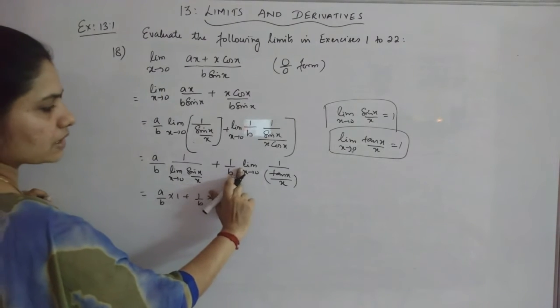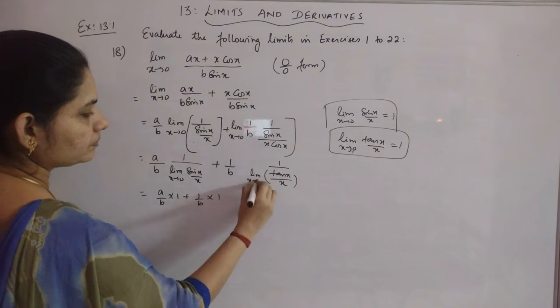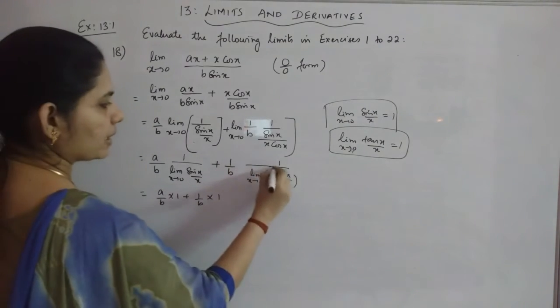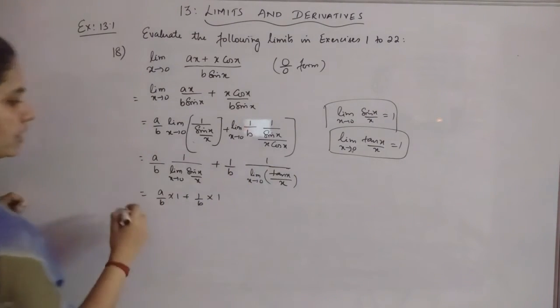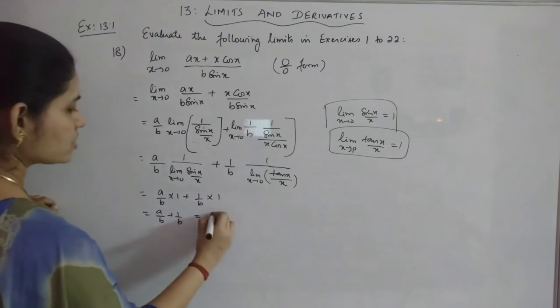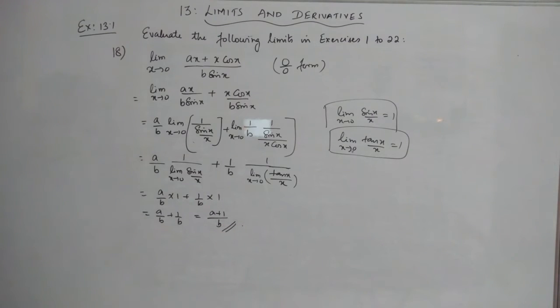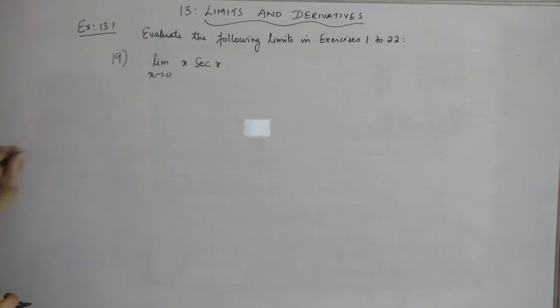This limit can be given in the denominator also, right? So this is a by b plus 1 by b, which is equal to (a plus 1) by b. Clear? Question number 19 is the limit as x tends to 0 of x sec x.